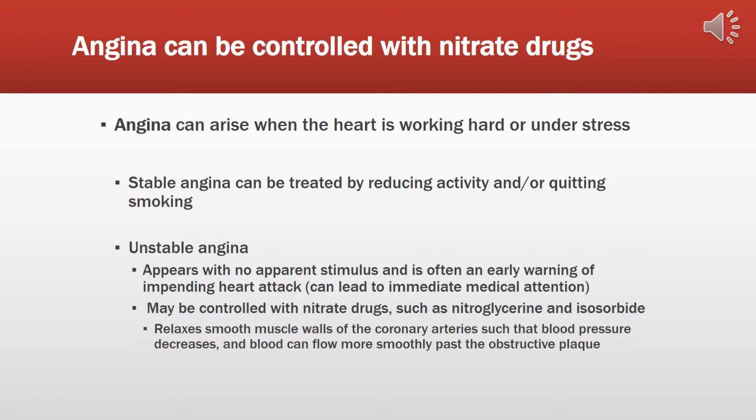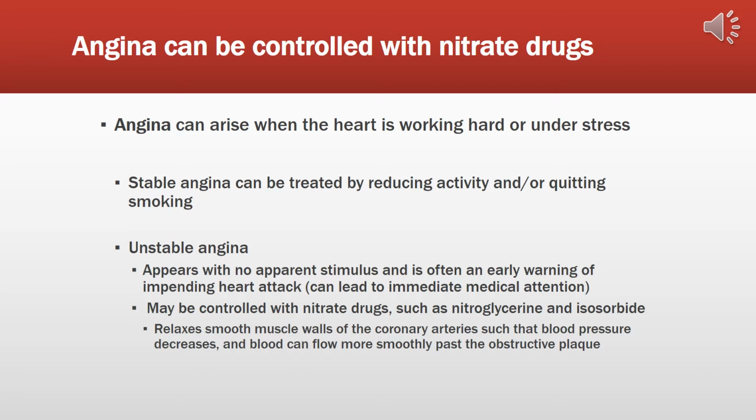So angina may arise when the heart is working too hard or is under more stress than usual. And there are actually two types of angina: stable and unstable angina. Stable angina can be treated simply by reducing activity and/or possibly quitting smoking, whereas unstable angina isn't quite so curable, and it appears with no apparent stimulus.